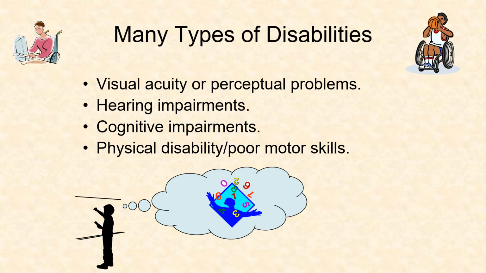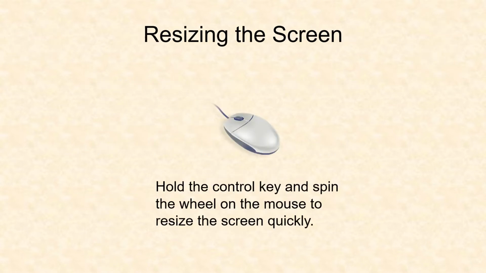In this video, let's explore the Windows 10 options to give you an overview of what's available to assist you as a teacher when you're helping your students with different disabilities in your classroom. One quick option is to resize the screen by holding the control key on the keyboard and spinning the wheel on the mouse.